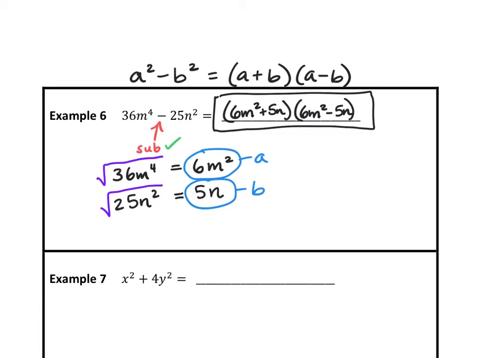Okay, so that's kind of the pattern, right? It's going to be first plus the last in the first parentheses. It's going to be first expression plus the second, and then the first minus the second.